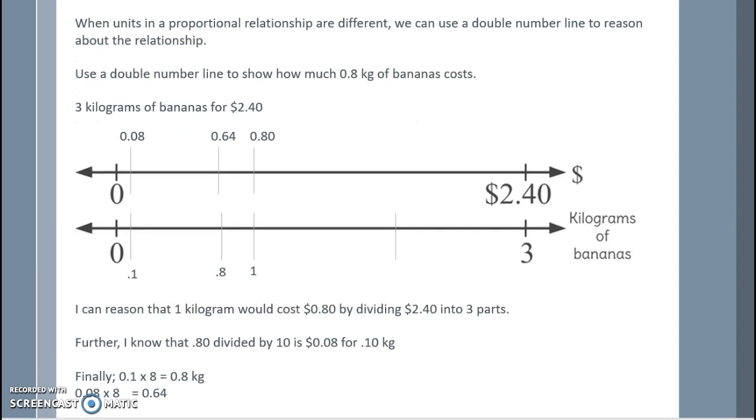So therefore, 8/10 of a kilogram of bananas would cost us 64 cents. By using kilograms and grams, we know that by moving up and down the number line, we can use powers of 10 to do so.